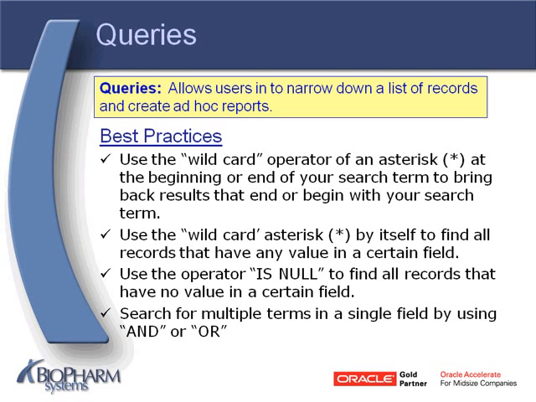If your entry operator is "is null" in quotes, in a query field, all records that have no value in that field will be returned. A user can search for multiple terms in a single field by using either the query operator "capital AND" in quotes, which finds records with multiple values in one field and is useful for querying free text fields, or you can use the query operator "or" to find records with one or another value in a field.